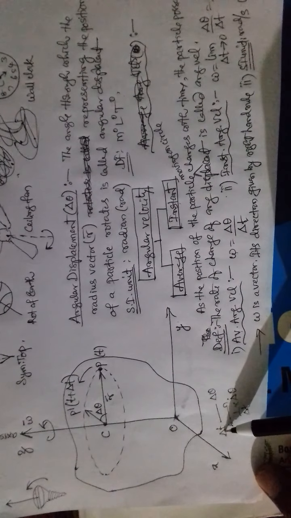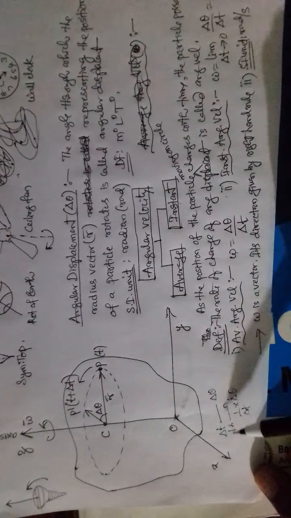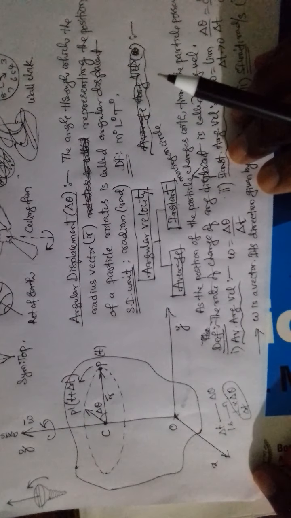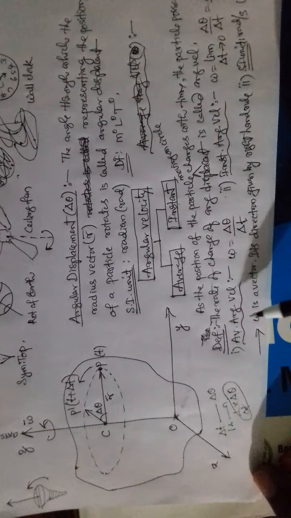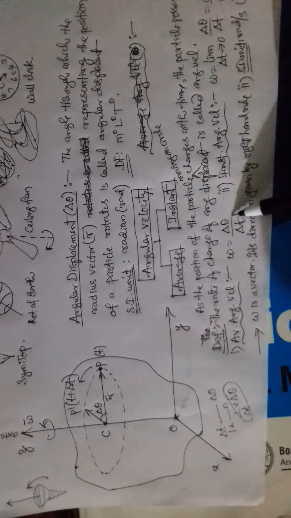So in 1 second, it has undergone 1 by delta t into delta theta angular displacement. That is called average angular velocity. So the rate of change of angular displacement is called average angular velocity.